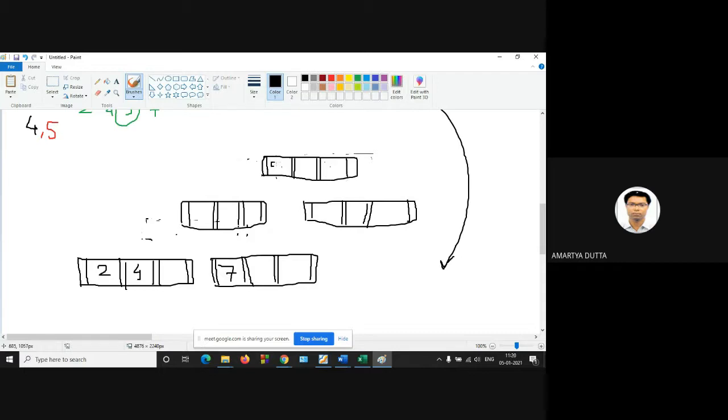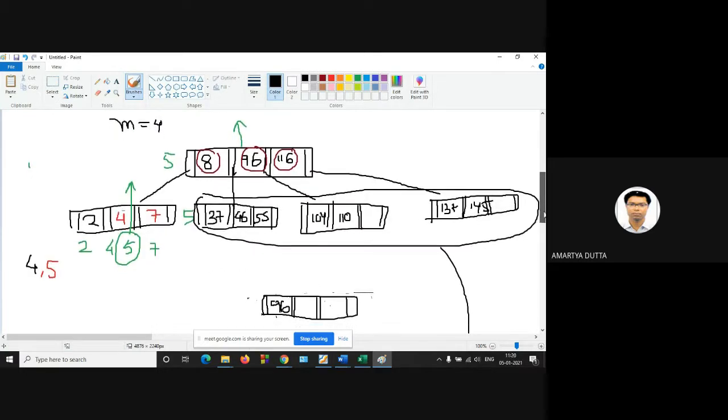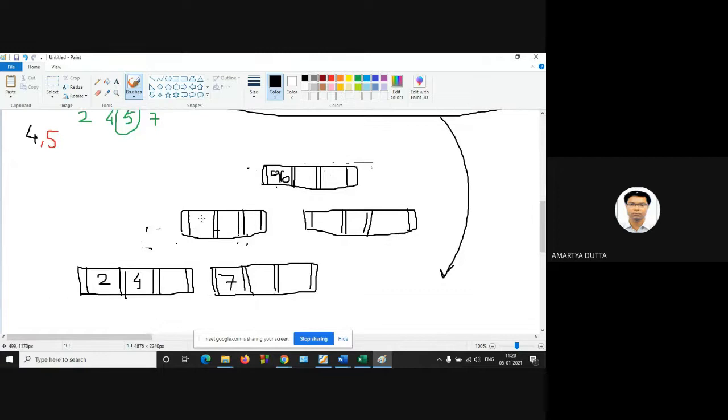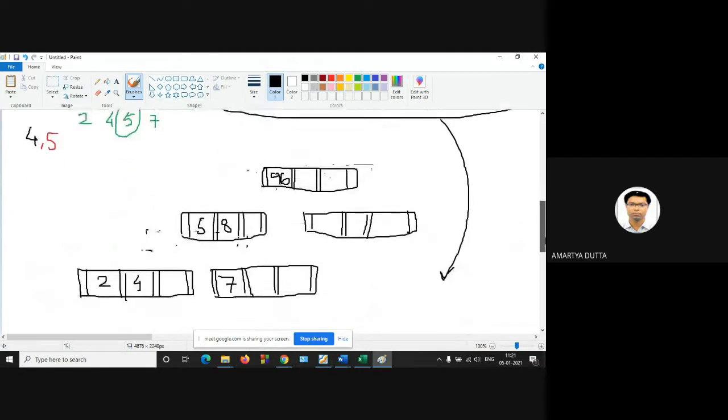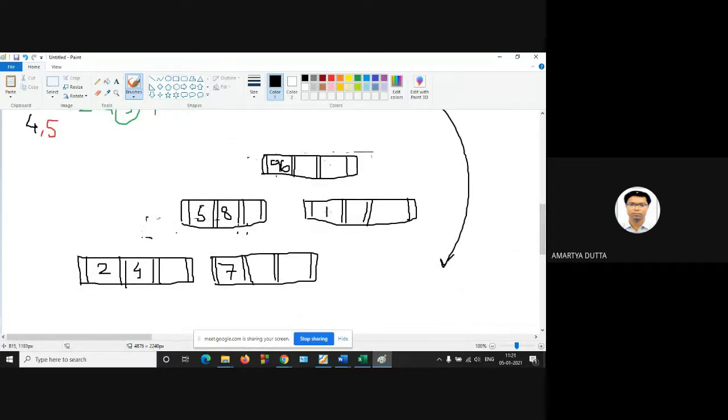So there will be 96, and 5, 8, and after that 116. 116 will be there.